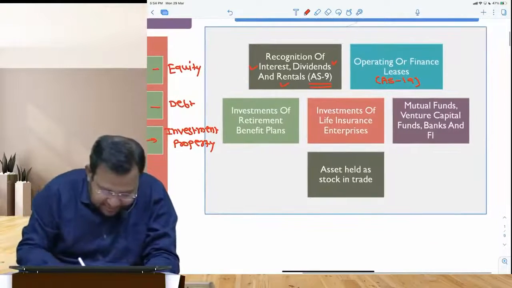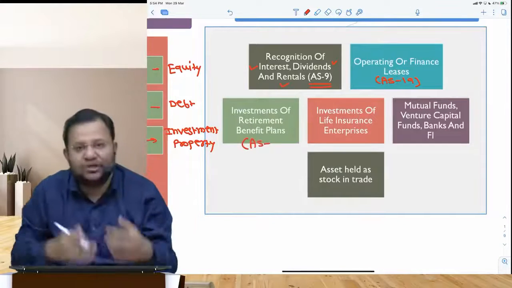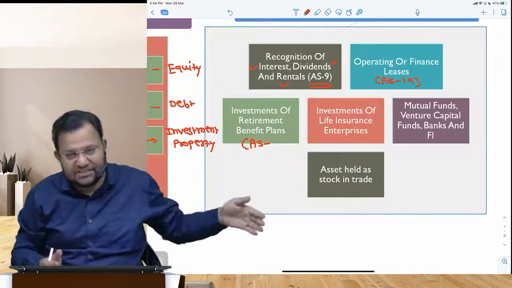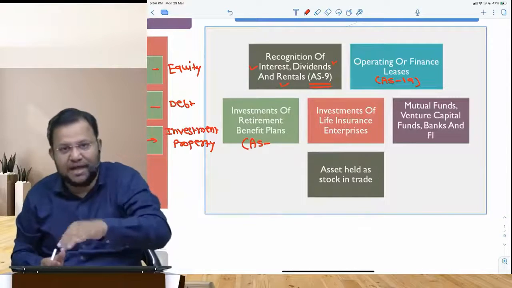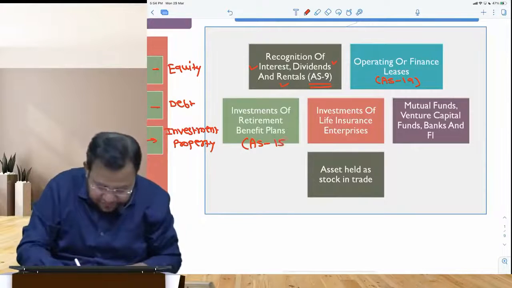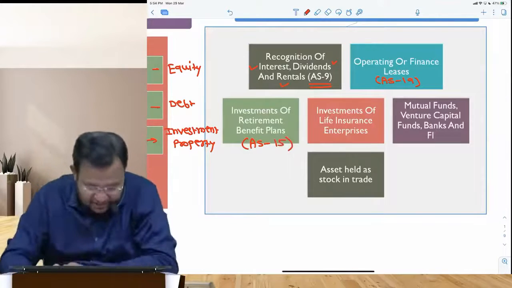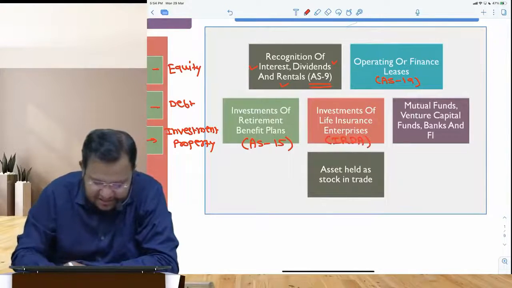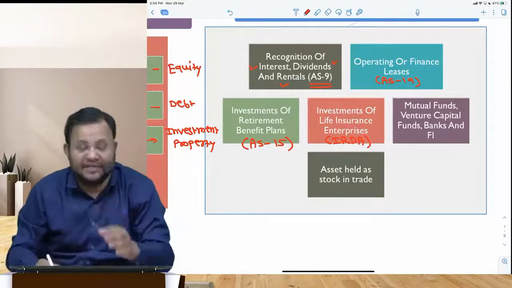Income from retirement benefit plan, that is a pension plan. Let's say LIC has created a pension plan whereby various companies contribute to that pension plan, and LIC guarantees a pension. That is covered in the books of LIC under accounting standard 15. Investments of life insurance corporations are covered by IRDA guidelines, not by AS 13.